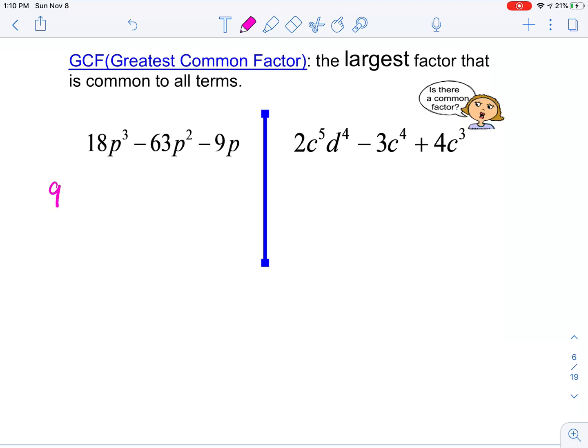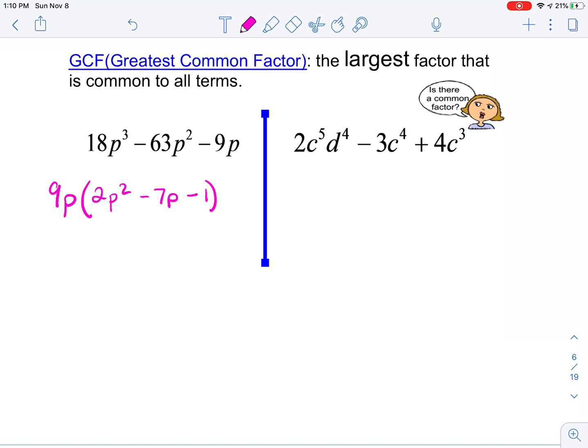What is in common in terms of the p's to all of those terms? And that is just a single p, right? Because if I take a single p out of that last term, there's nothing left for me to factor. All right, so my GCF is 9p, leaving me with, inside my parentheses, 2p squared minus 7p minus 1.